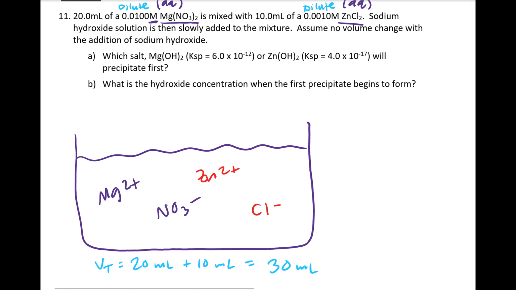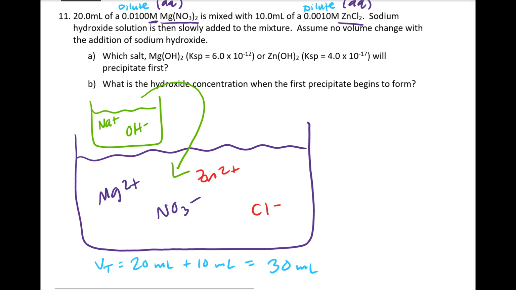Next step, sodium hydroxide is slowly added to this mixture. In a separate container, we have sodium hydroxide solution, and we're pouring it very, very slowly into the original beaker.